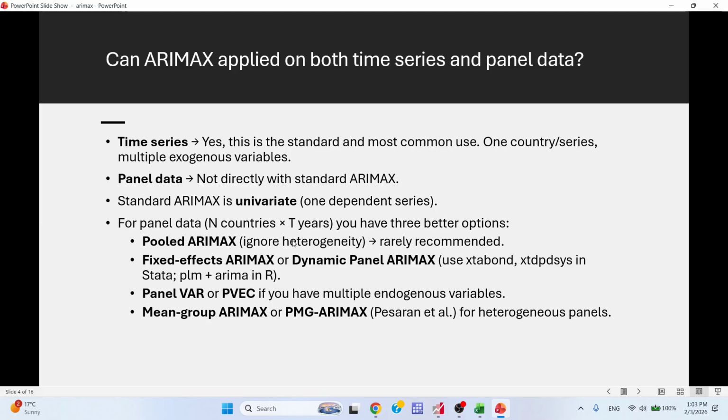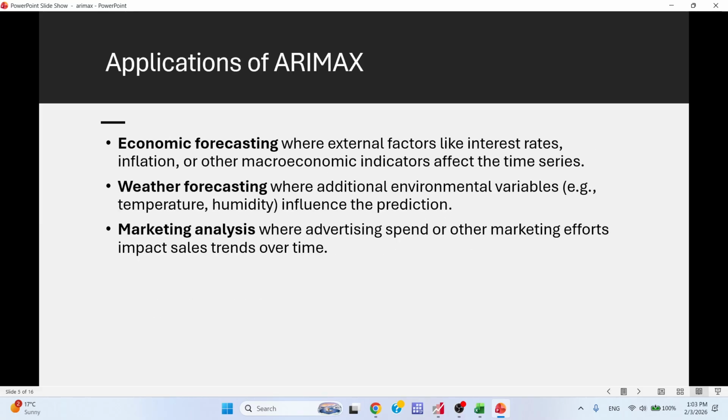For panel data, you can go with these options: pooled ARIMAX, fixed effect ARIMAX, dynamic panel ARIMAX, panel VAR, or PVAR, which we have already discussed in our previous lectures. So for time series data you can apply ARIMAX, but for panel data you cannot apply ARIMAX directly.